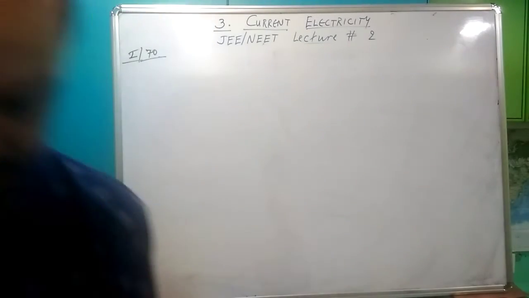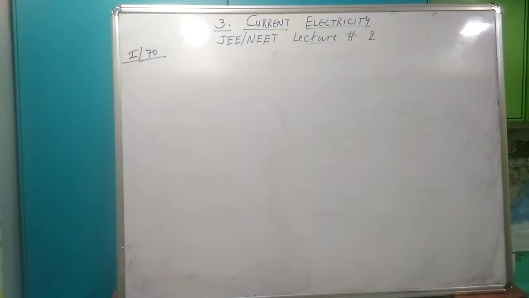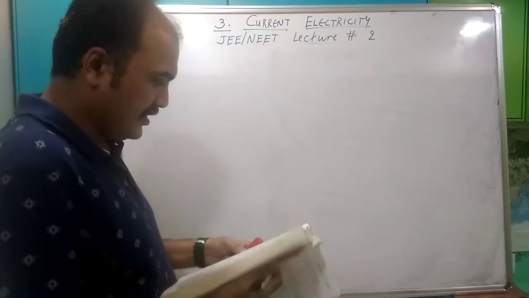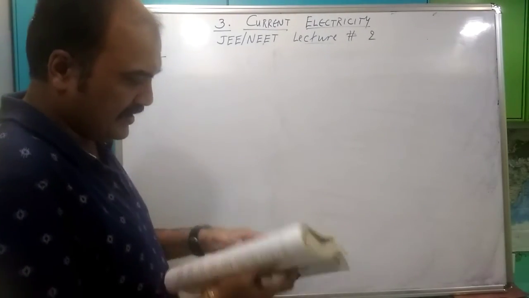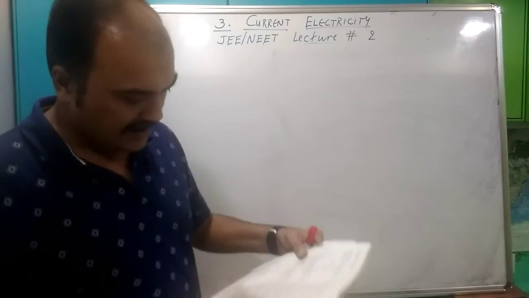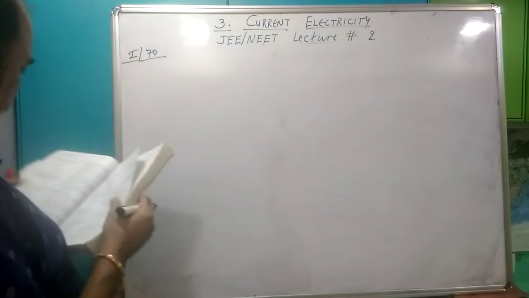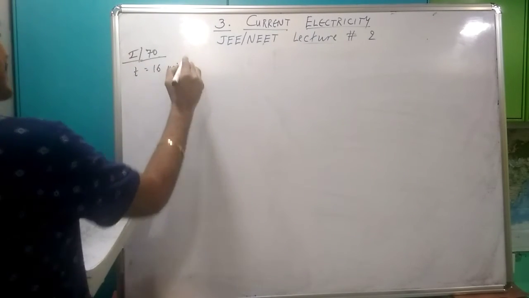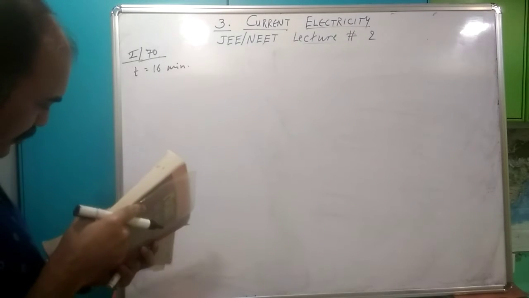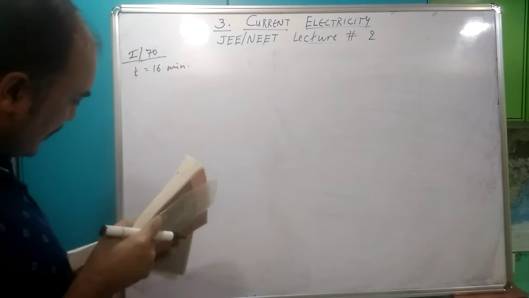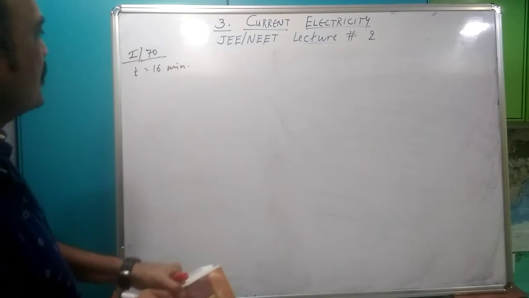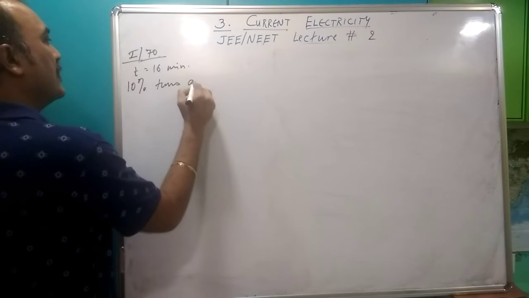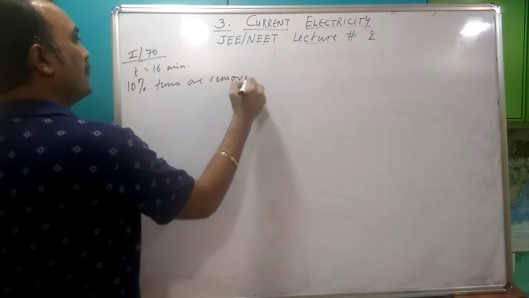What does number 70 say? It says, oh my, that an electric kettle boils water in 16 minutes. Okay, so T is 16 minutes, and due to some defect it becomes necessary to remove 10% of the turns. So 10% of the turns are removed.